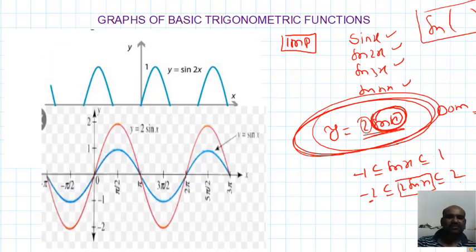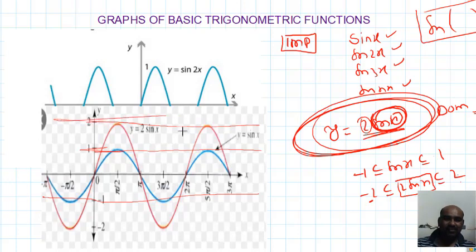Observe, students, this is interesting. The red one is the y equal to 2 sin x graph and the blue one is the y equal to sin x graph. Clearly you can say that the blue graph is bounded by two straight lines, y equal to 1 and y equal to -1, but the red one is bounded by y equal to 2 and y equal to -2.